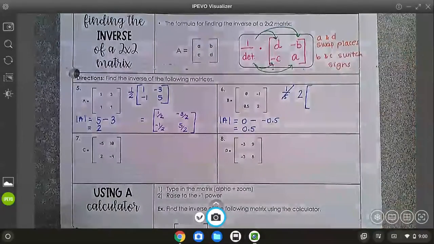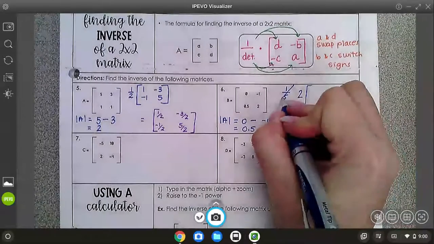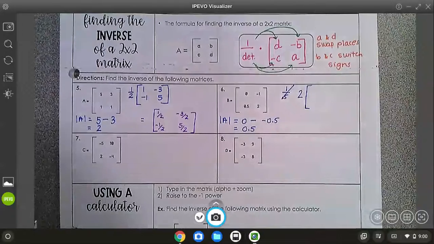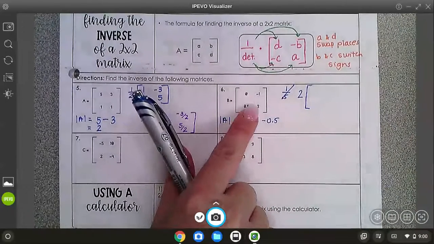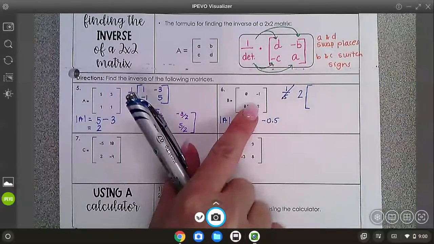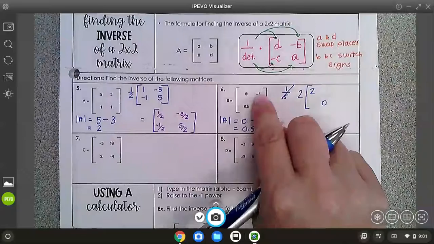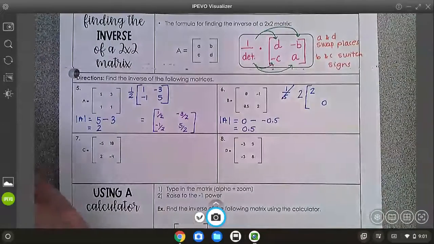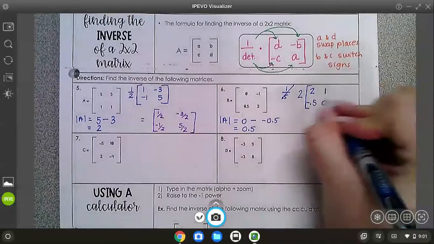I would not erase that because then you're going to be confused. Where did the 2 come from? 1 divided by 0.5 is 2. This 0 and 2 are going to switch places. The -1 and the 0.5 are going to switch signs. So that becomes a +1 and a -0.5.